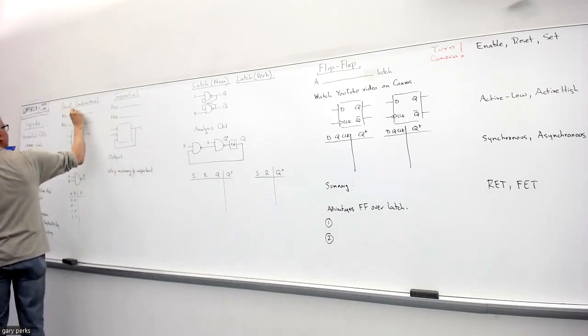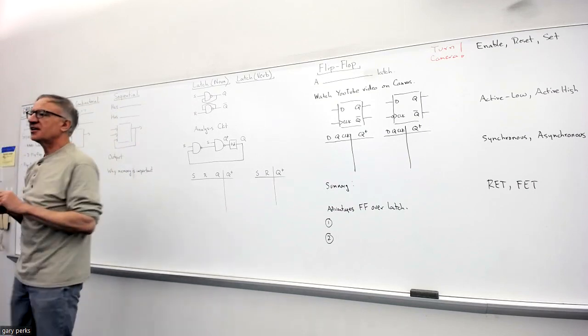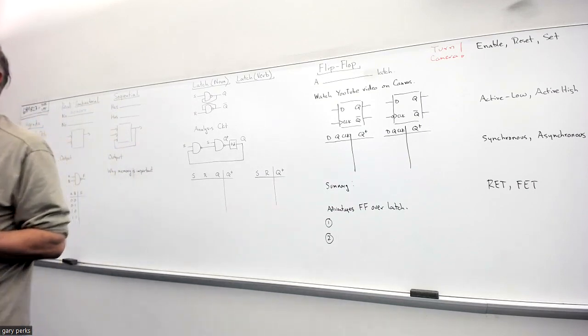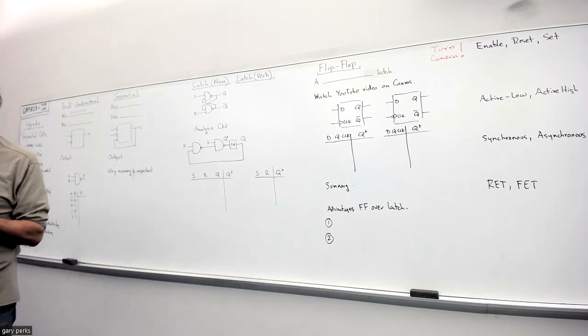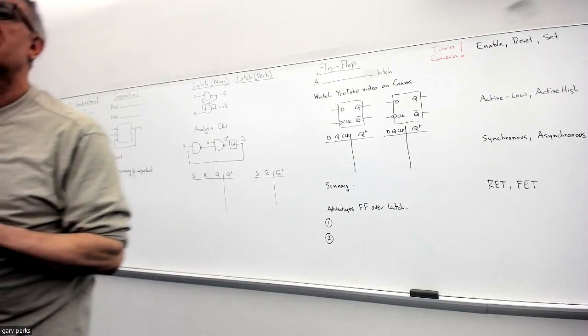It doesn't have memory. And what's the other thing that a combinational circuit doesn't have? What's that? Select. Well, a select is if you're referring to the select input of the mux, a mux is a combinational circuit, so we can have an input that does the select. Remember what the other thing is?